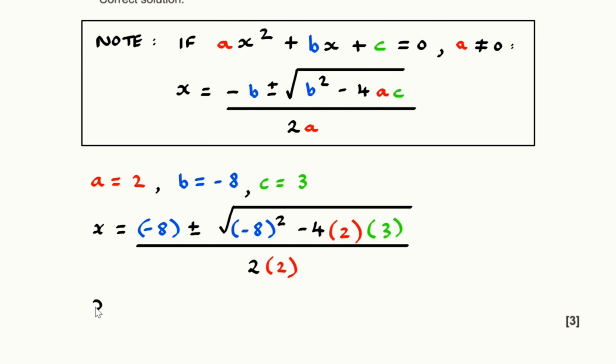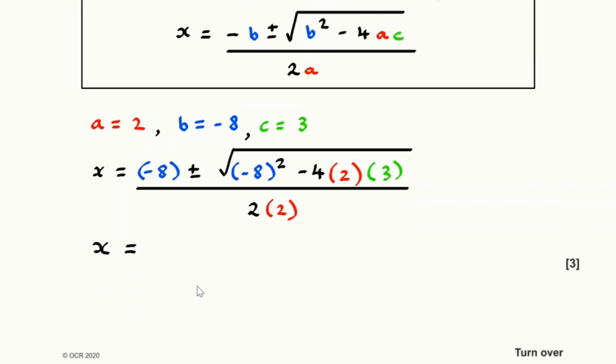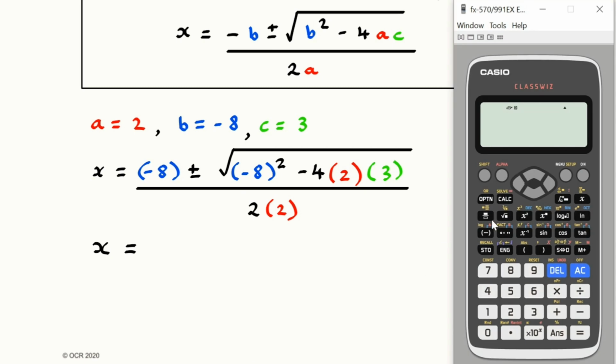So I can find out what x is, and if I find out what x is, I've got negative 8 plus the square root of negative 8 squared minus 4ac over 2a.